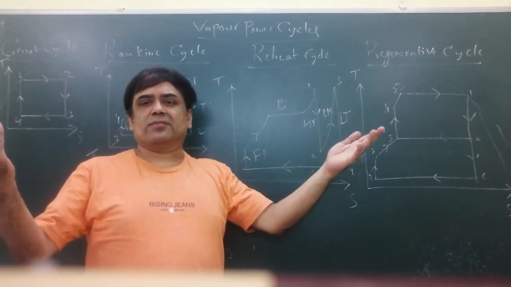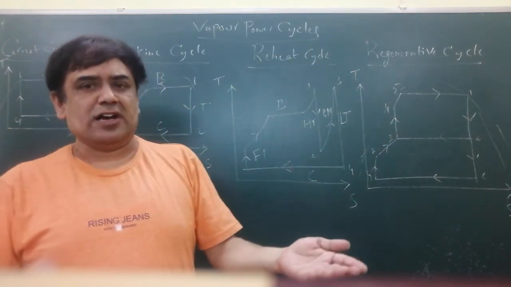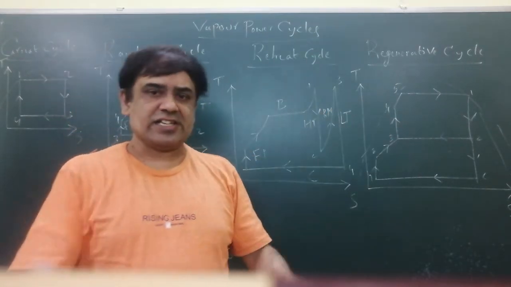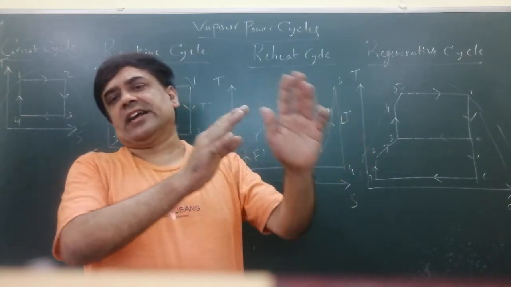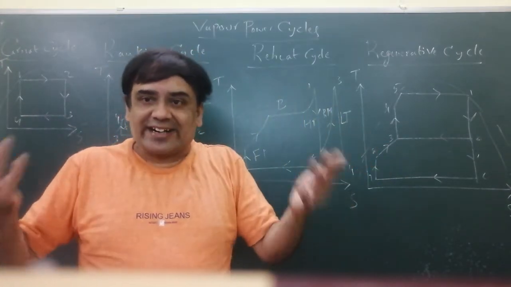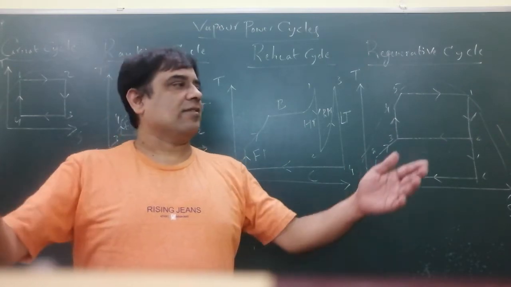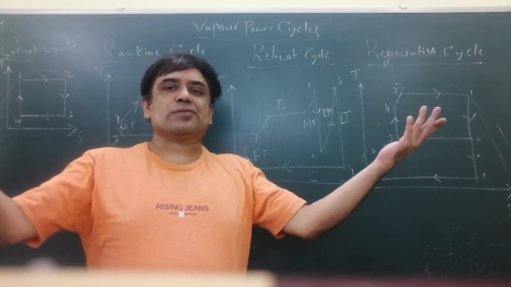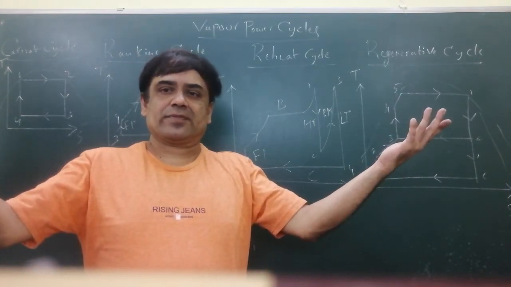But how about the problems? When we take up the problems, we usually calculate the cycle thermal efficiency of Rankine or reheat cycle. Next, we calculate net work done. Next, we will take up work ratio, eventually calculation of specific fuel consumption.